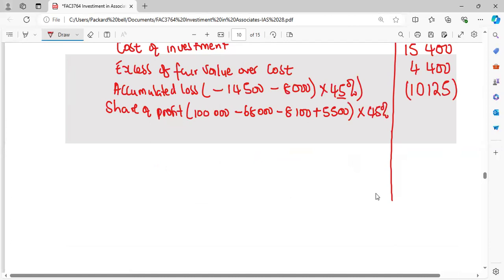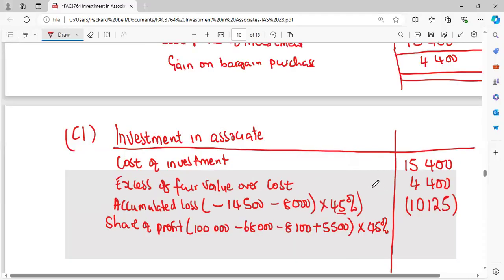So how much are we going to have all in all? The one that is going to be the share of profit. I got 13,230. Are we together on this, or is there a bit of confusion? 13,230. Yeah. So this is going to be the share of profit.